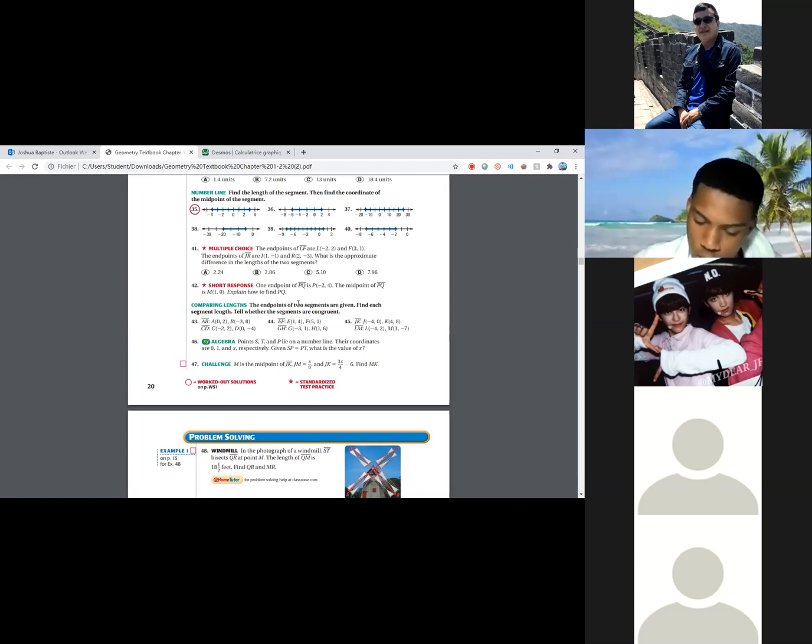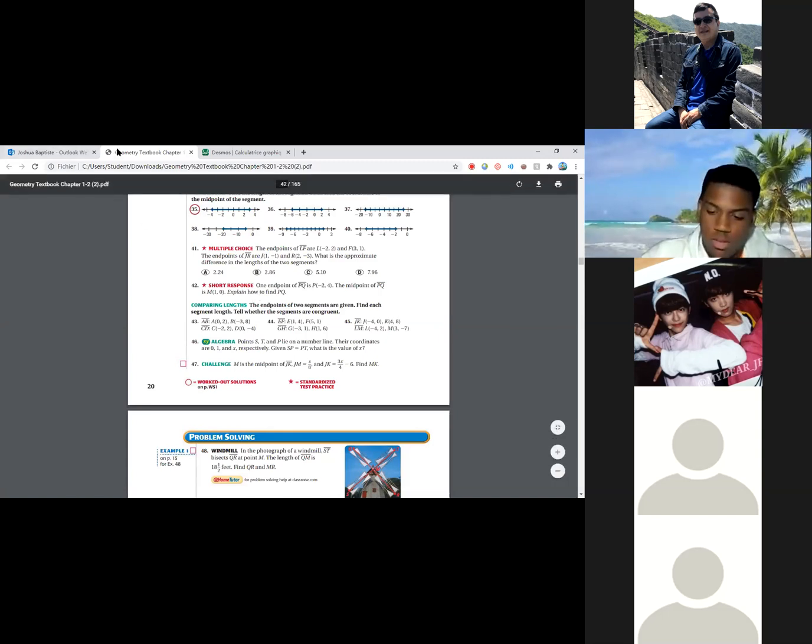No, yeah, because if M is the midpoint, then if you find PM, then you already have half of it, you just multiply it by 2, and then you know the length of PQ. You don't actually have to do it out. It just says explain how to do it. Okay.